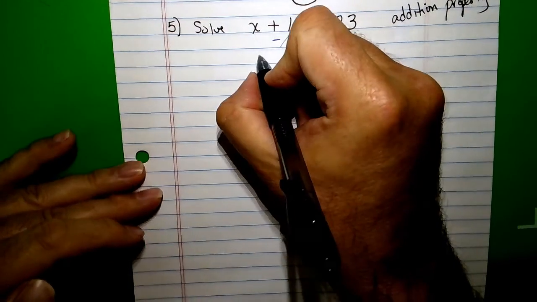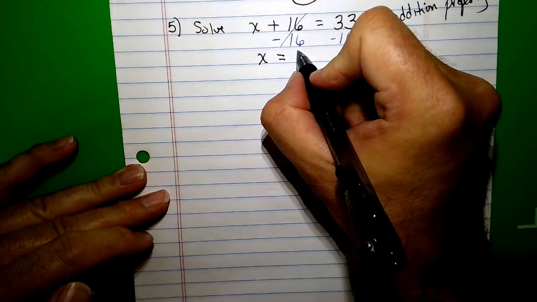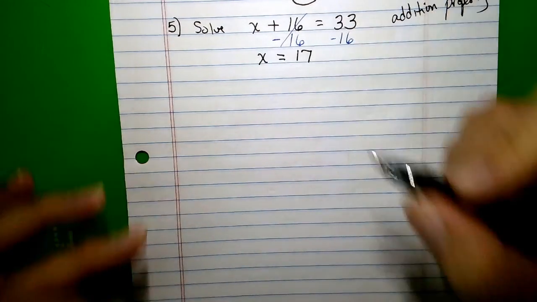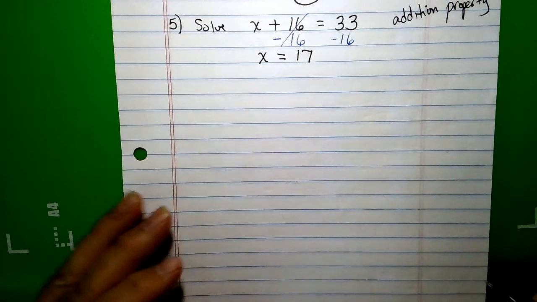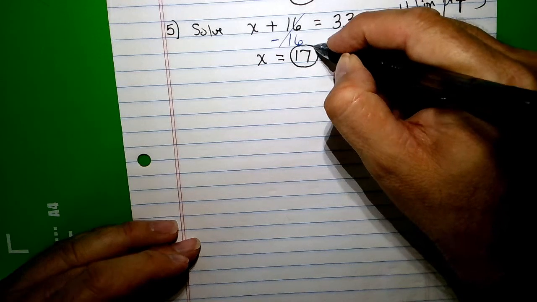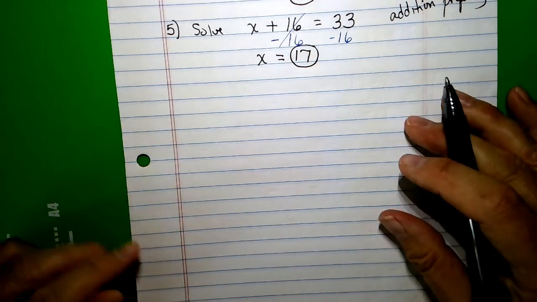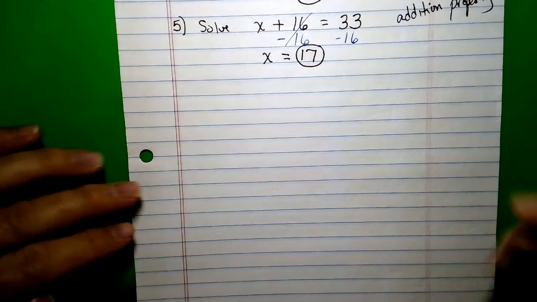And on the right, we have x equals, is that a 17? If you're using Pearson MyLab, there'll be a box where you type the 17 in for x. What we're doing is isolating the variable by doing the opposite operation to both sides.